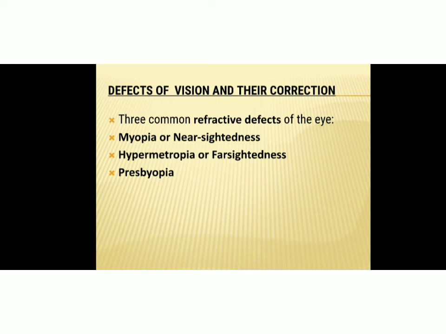And there are three common refractive defects of the eye. First one is near-sightedness or myopia, or the common word is short sight. So what are the three common defects? The first defect is myopia or near-sightedness or short sight. The second defect is hypermetropia or farsightedness, or the common word is long sight.